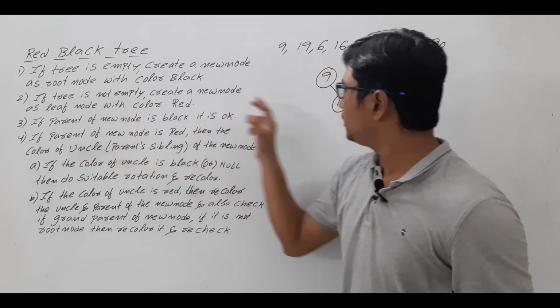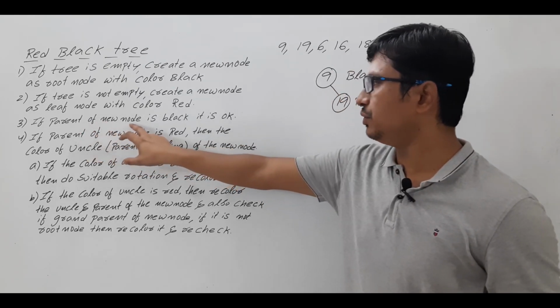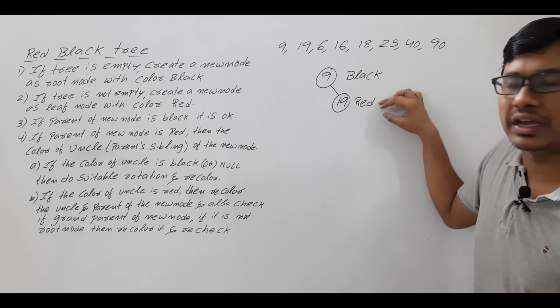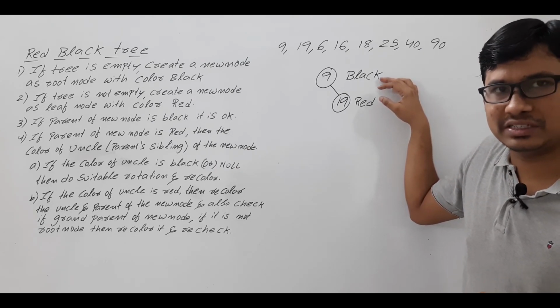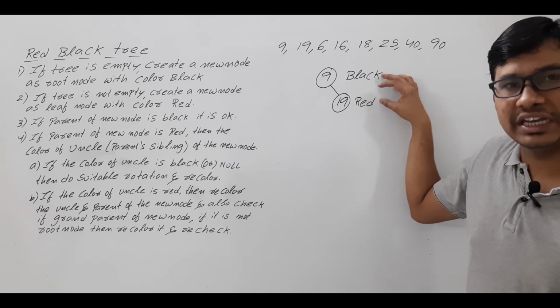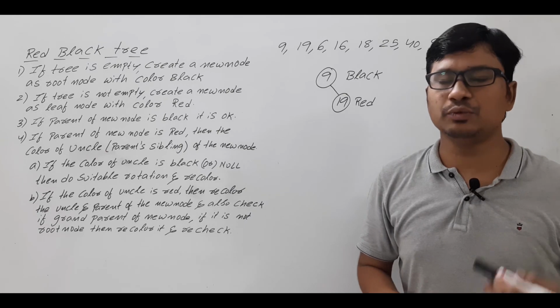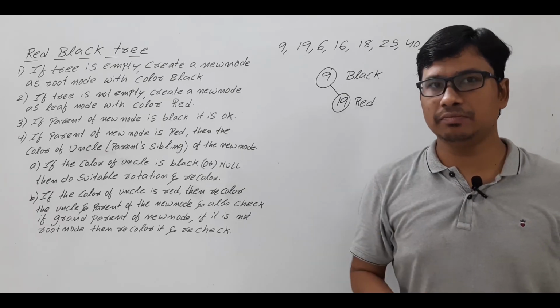Now once you make it red, you need to check if the parent of the new node is black, it is okay. This is the new node we have created. You need to check whether the parent of the new node is black or not. If it is black, it is okay. If it is red, then what is the point we have discussed? We have discussed that no two adjacent nodes should have the same red color.